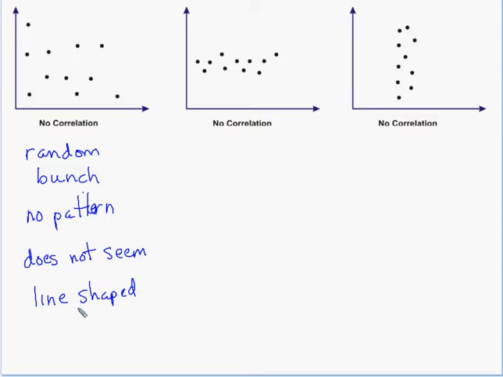Okay? Or we can have what looks like a line. You see how this is kind of looking like the shape of a line, but it's a flat line. At this point, it's not random, but the values of the y aren't really changing.